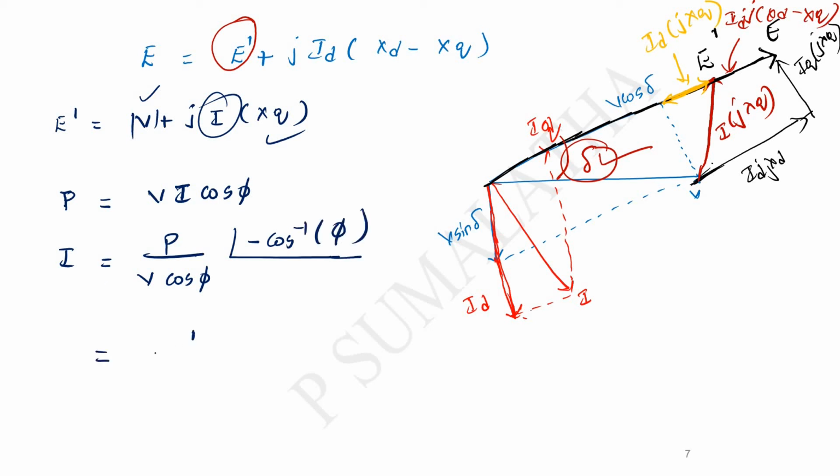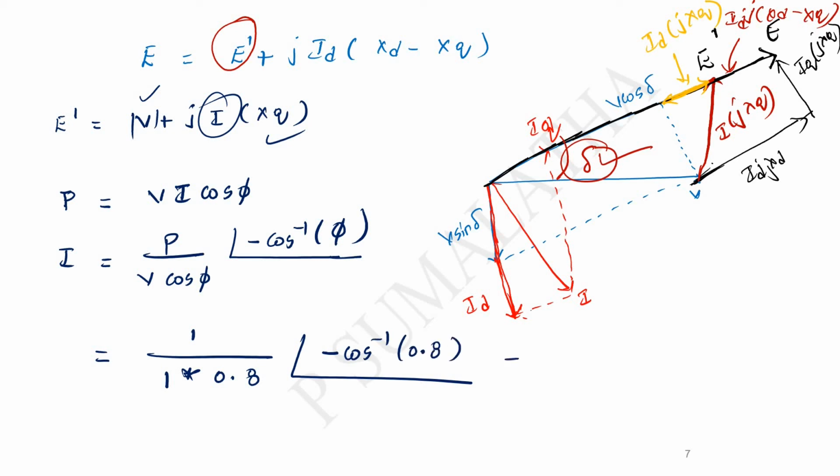That is equal to 1 per unit, voltage also we have taken as 1 per unit, into cos phi value given as 0.8, at an angle minus cos inverse of 0.8, which will be equal to 1.25 at an angle minus 36.87 degrees in per unit.